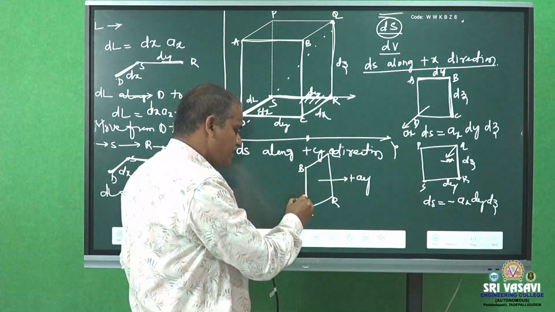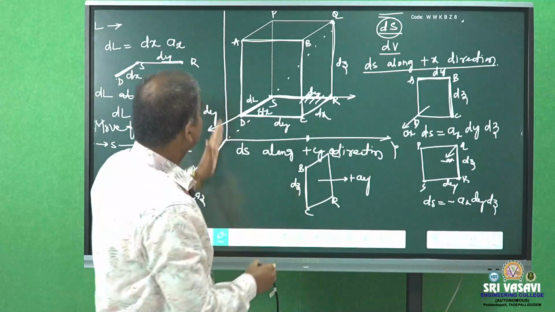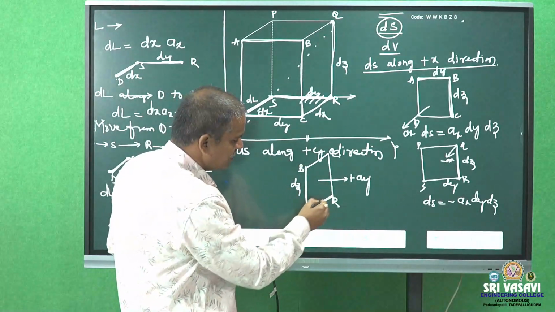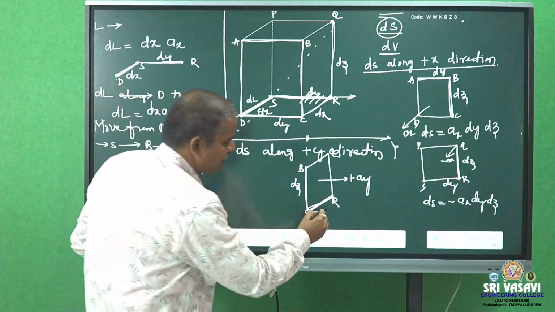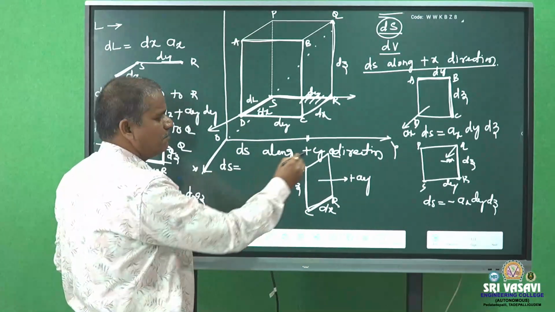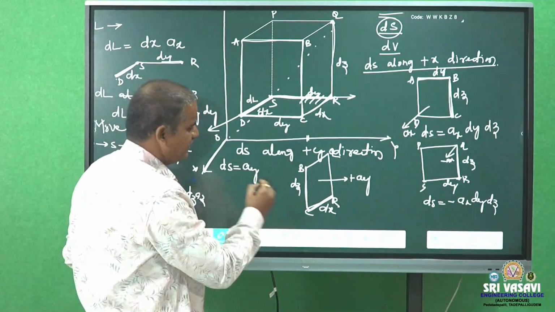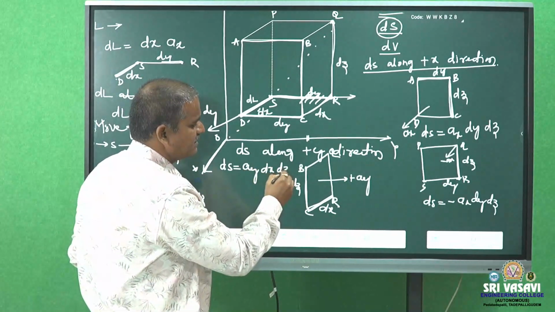The small length in this direction is dz, and along x we write dx. Therefore, the differential surface along the positive y direction becomes unit vector ay, remaining parts dx and dz.